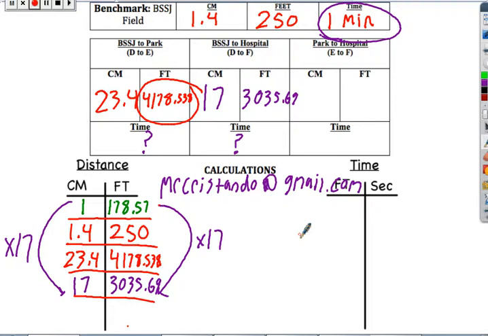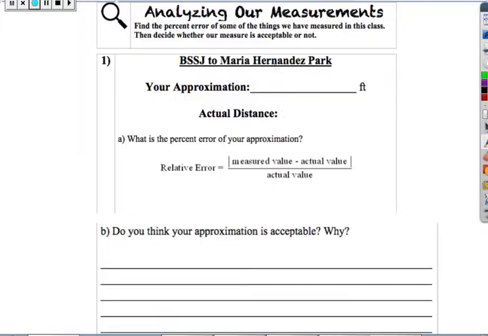For our purposes, I'm going to round this to 4,179 feet. So that's what I'm going to go with for my approximation in this video.